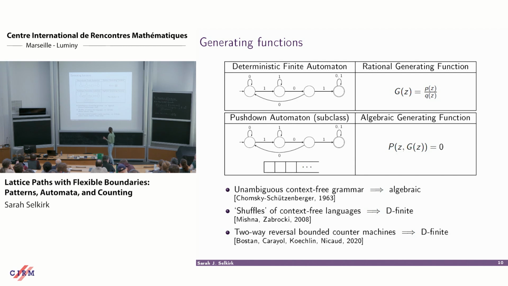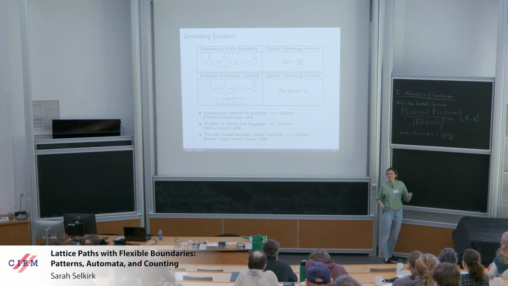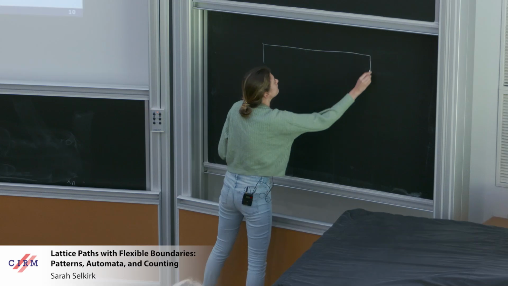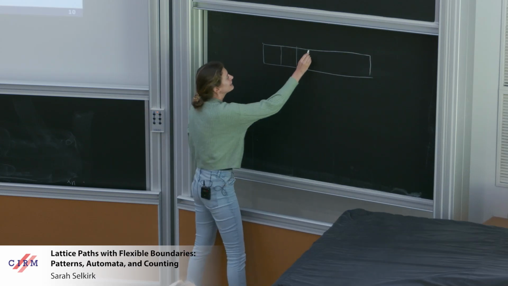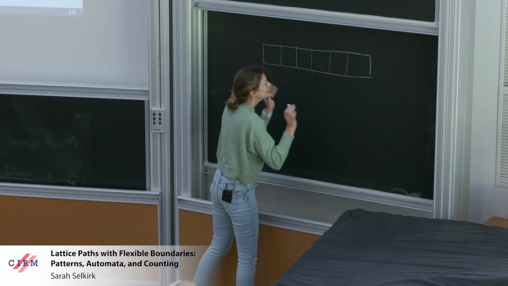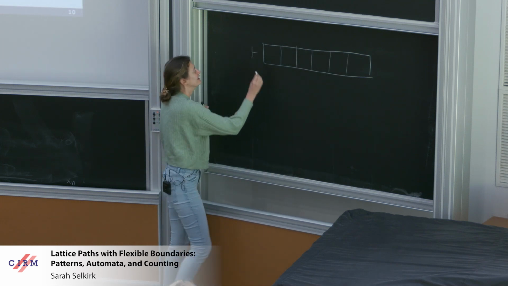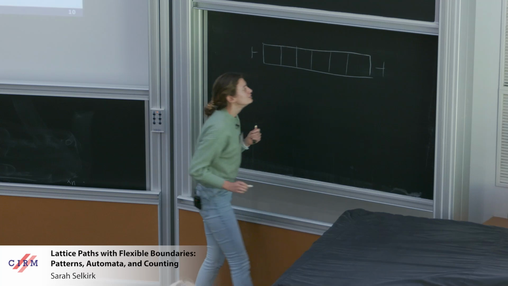And maybe just to quickly say what a two-way reversal bounded machine is, just so that we have a little bit of an idea of what that is. I think it's not necessarily an extremely common notion. If we pretend we have a word, now I'm going to draw the word a bit like a stack, but yes, maybe our two-way machines.